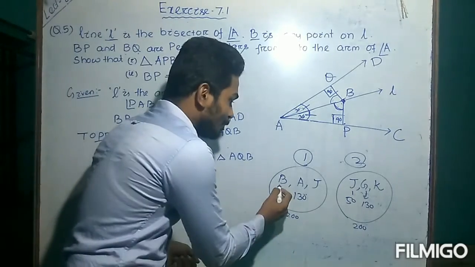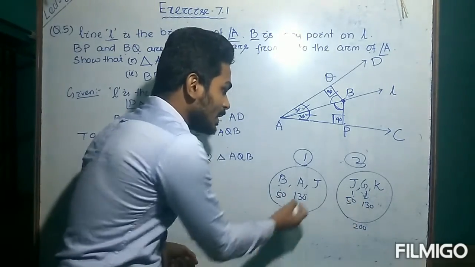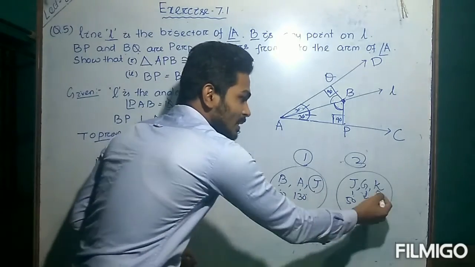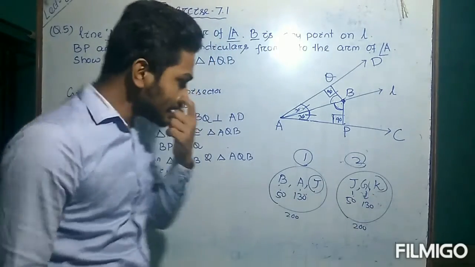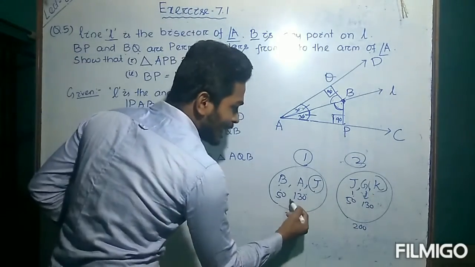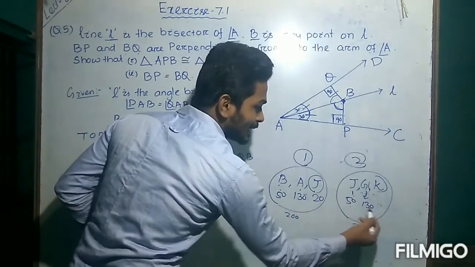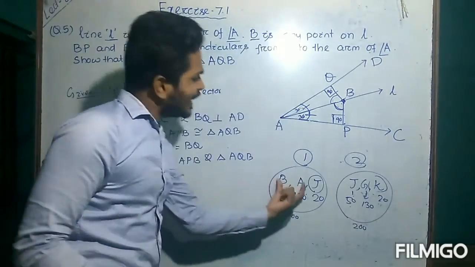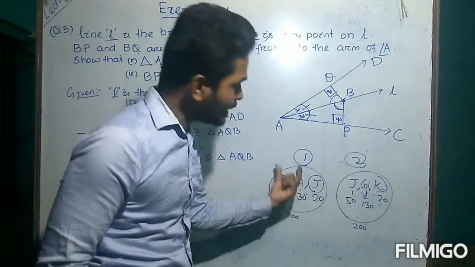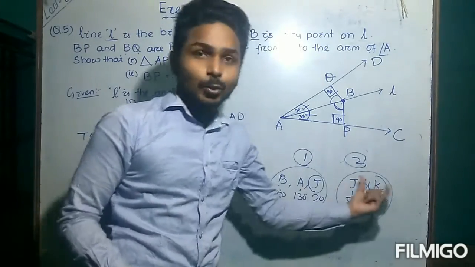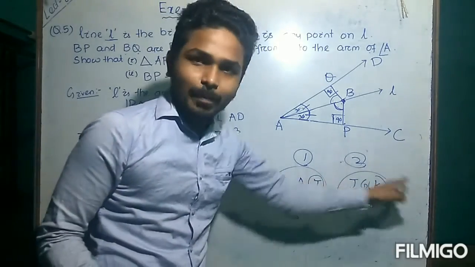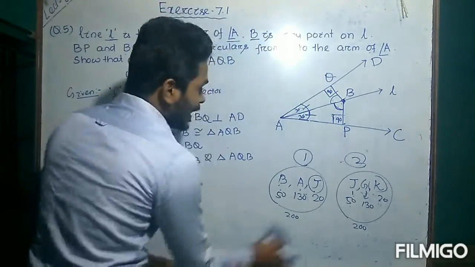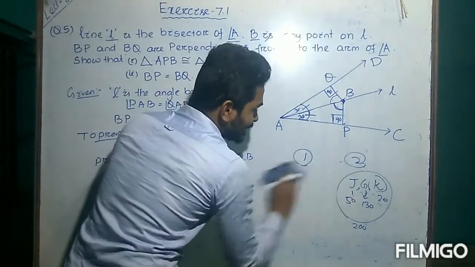Then, if Balam's money is equal to Jyoti's money, and Abhay's money is equal to Gautami's money, can you say that the third person's money is equal? Yes, because they are added to give 180, then it will be 20. Similarly, they are added to give 180, then it will be 20. So if any two persons' money is equal to two persons' money from the second group, then the third person's amount will be the same. The same procedure is followed here. Do you understand it?